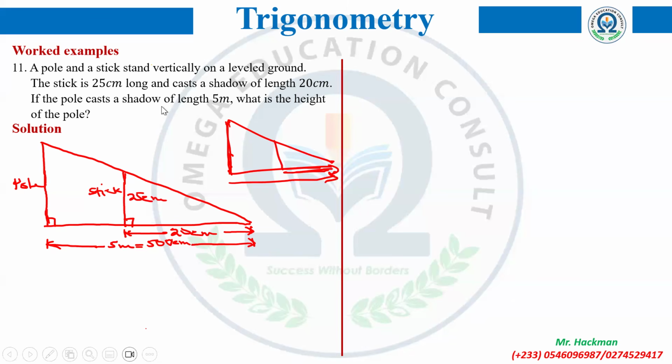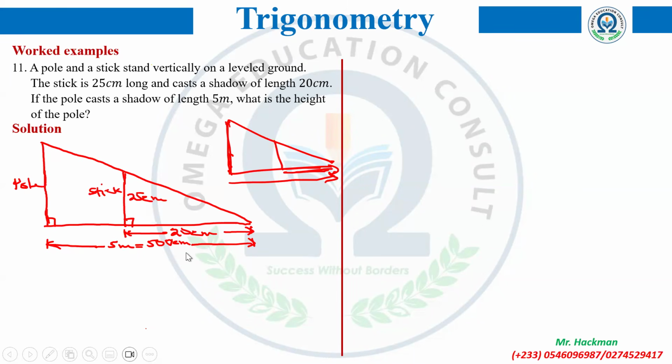So the shadow of the pole will start from the foot of the pole to this particular end, just as we did previously. So the shadow will be from here up to here, but obviously I have to come down and indicate. From here up to here will be 5 meters, which you know is equal to 500 centimeters.